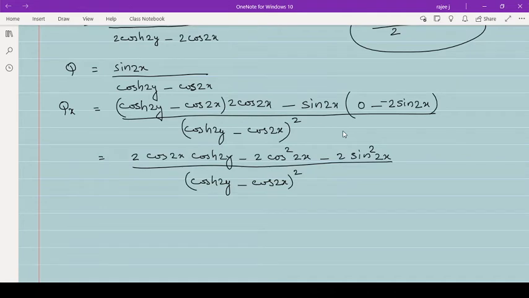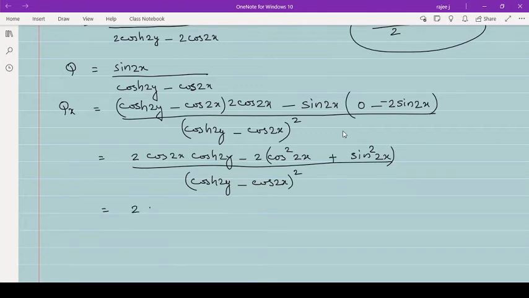Okay, now this is equal to, now if you look at here, minus 2 cos² 2x, here minus 2 sin² 2x. So what I will do is I will take this minus 2 common. Okay, minus 2 is taken common and here you have this. Understood that step? Here we have minus 2 in both places, so we took minus 2 outside. So when you take minus 2 outside, this will become plus.